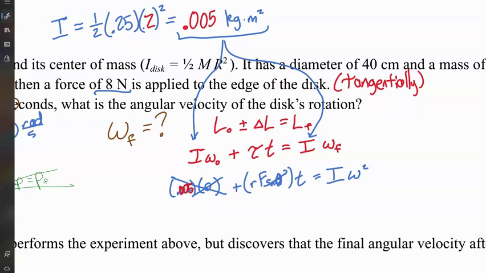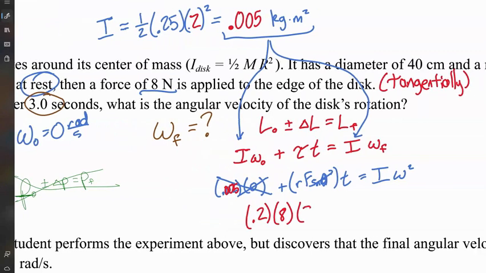Be careful. So r is 0.2, the radius of the disk. The force being applied is 8 newtons, sine theta went away to 1 because it's perpendicular, and it was applied for 3 seconds.